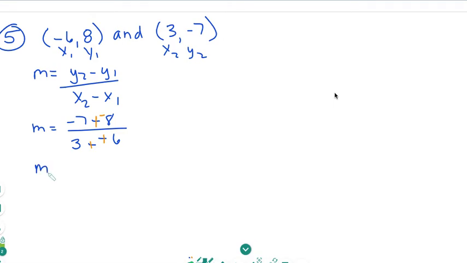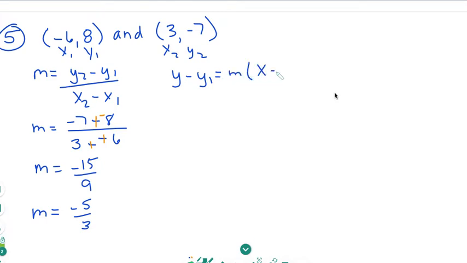And this is going to give me a slope of negative 15 over 9, which simplifies to negative 5 over 3. So now I can go ahead and start with my formula. Y minus y1 is equal to m times x minus x1.